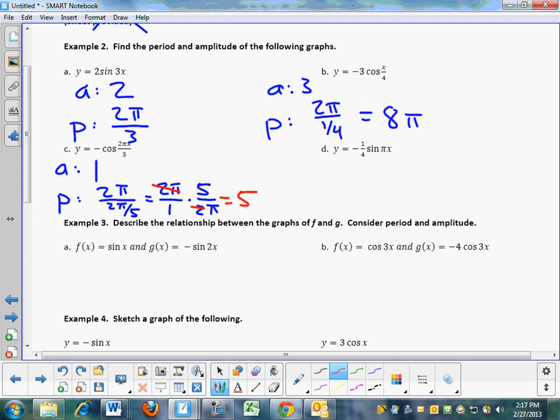More often. It's going to repeat itself 3 times as often within that given interval. Whereas look at this. Here we have pi over 4. Is it going to repeat itself more often or less often? Less. If you have a fraction like 1/4, now instead of repeating itself every 2 pi, it repeats itself every 8 pi. So 4 times less often.